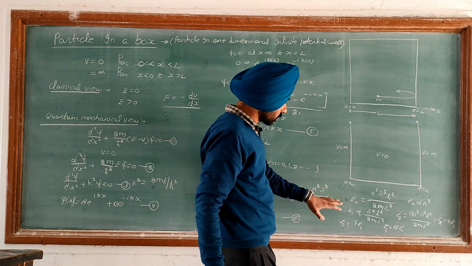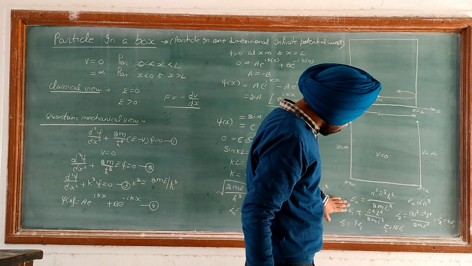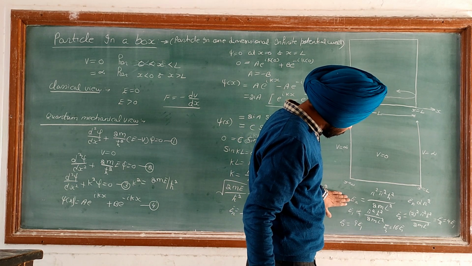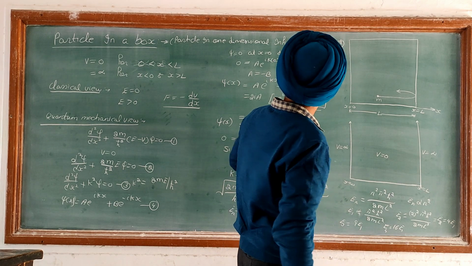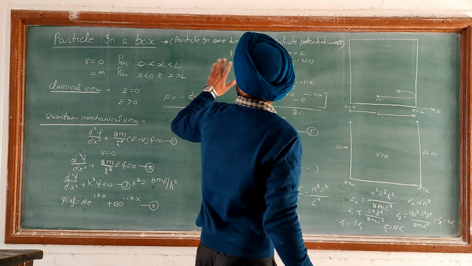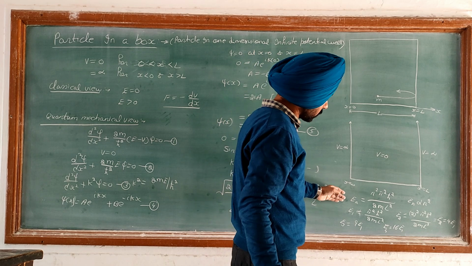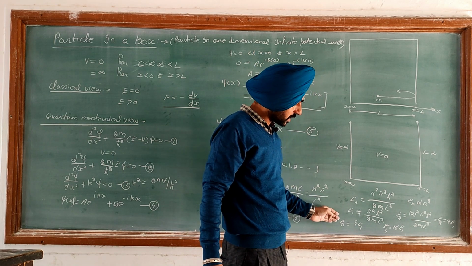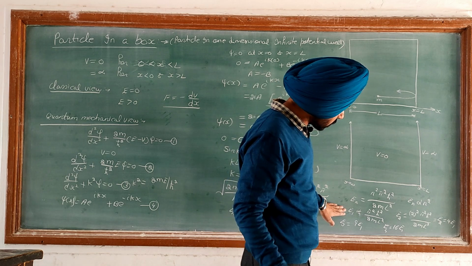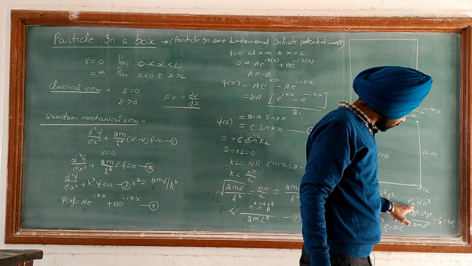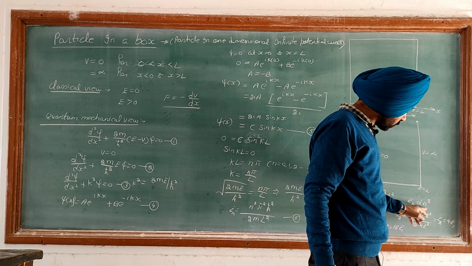So here you can conclude that the energy of a particle in a one-dimensional infinite potential well, or in a box, is not in continuum. The values of energy are discrete, and as the energy level increases, En is directly proportional to n square.